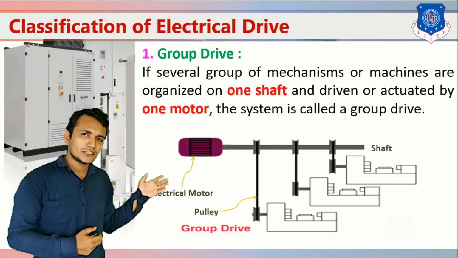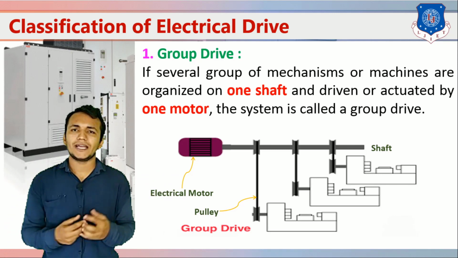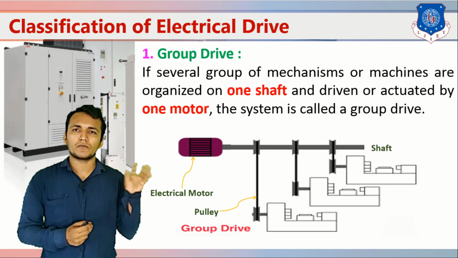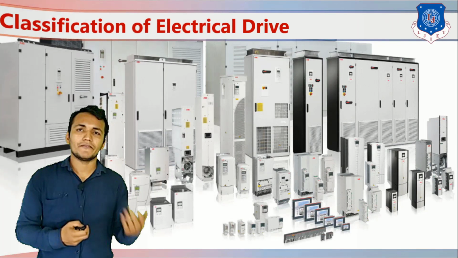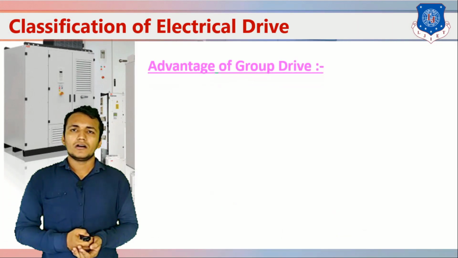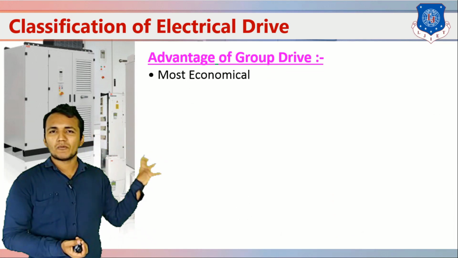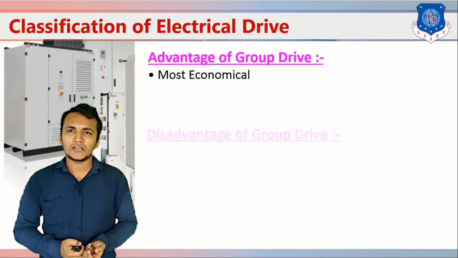So in group drives, different mechanisms can be run by a single individual motor. Group drives have advantages like being the most economical system, because a single motor can run different operations.